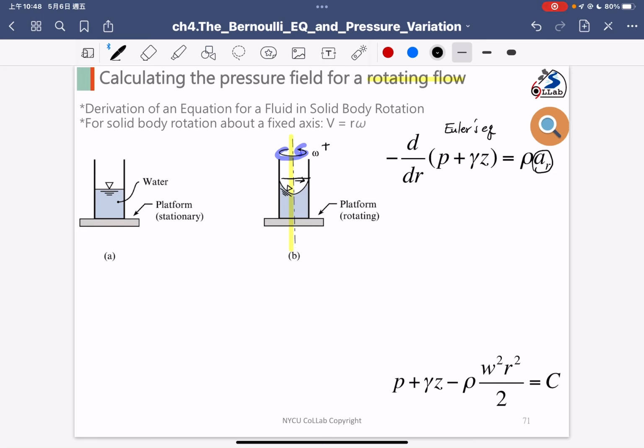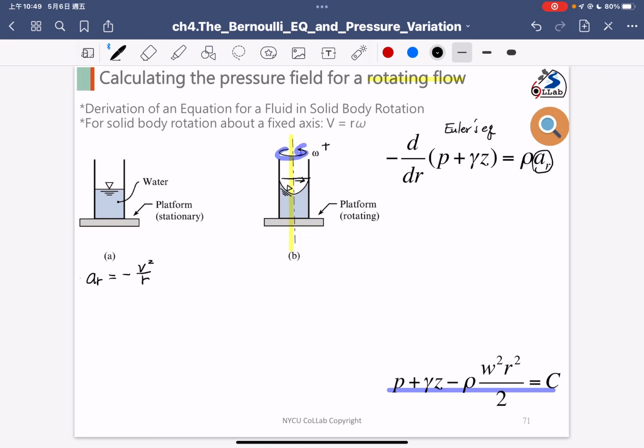Okay, so how can we derive the Bernoulli equation for a rotating flow? The key knowledge here is that if we know a_r, we can put a_r into Euler's equation and see what the final Bernoulli equation is for rotational flow. So a_r, again, we know it is minus V squared divided by r.